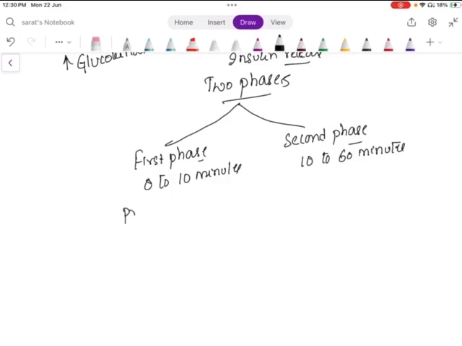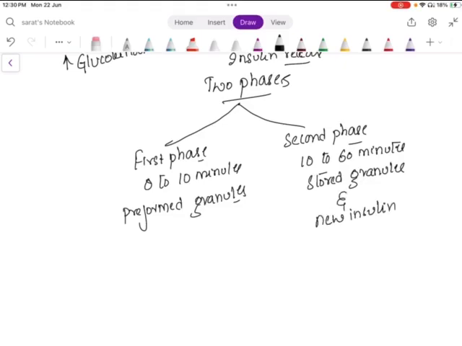The first phase is from pre-formed granules, and the second is from stored granules and new insulin synthesis.